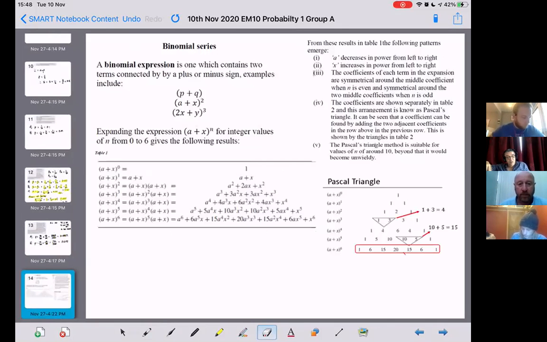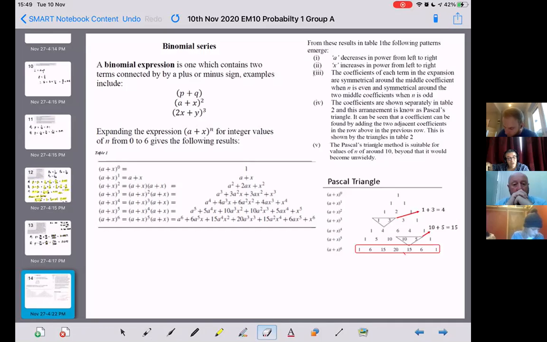Now we're going to move on to something completely different: binomial series. A binomial expression is one which contains two terms connected by a plus or a minus sign. Examples include p plus q in brackets, a plus x squared, 2x plus y cubed.